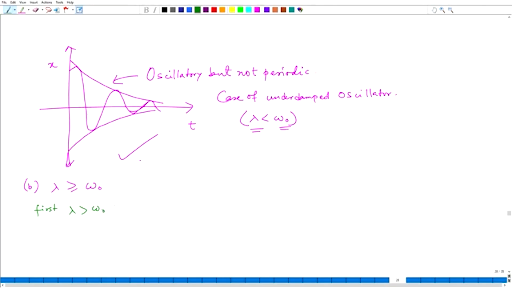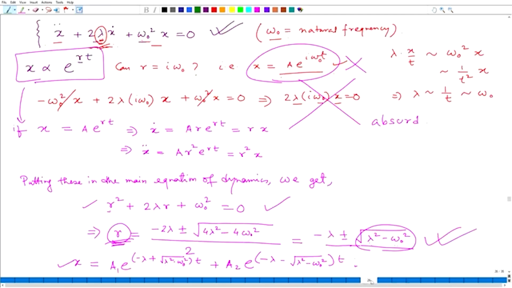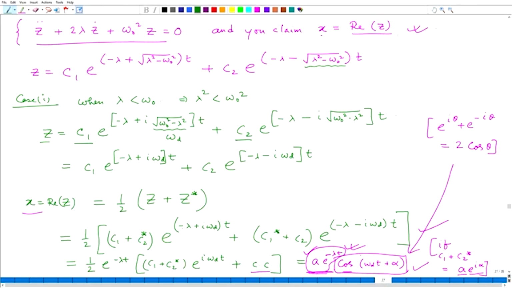Then z will be equal to C1 e to the minus lambda plus root over lambda square minus omega 0 square t plus C2 e to the minus lambda minus root over lambda square minus omega 0 square t. If you remember, I was calling this one omega d. So, this is omega d.